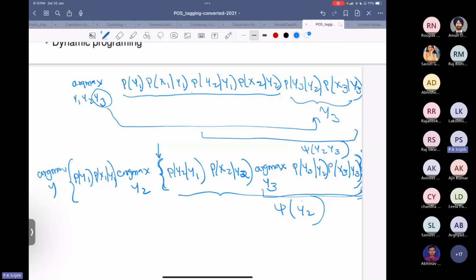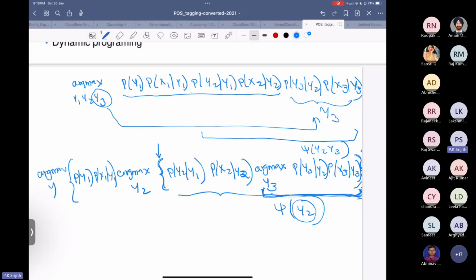Here what you're trying to do is only find an argmax over y3 for different values of y2. At this point, you cannot say, okay, this is my y3, because the y3 that I should choose eventually depends upon what y2 I have chosen. There is a dependence.